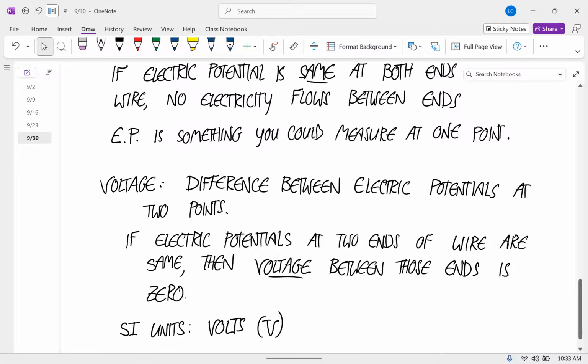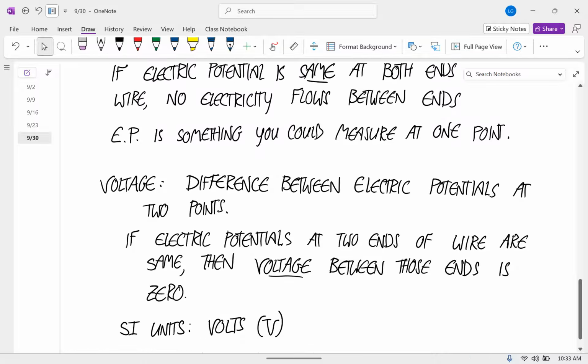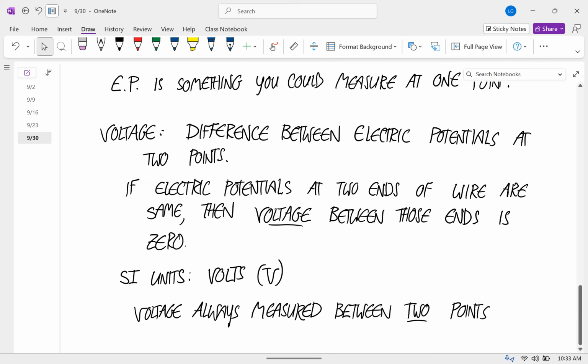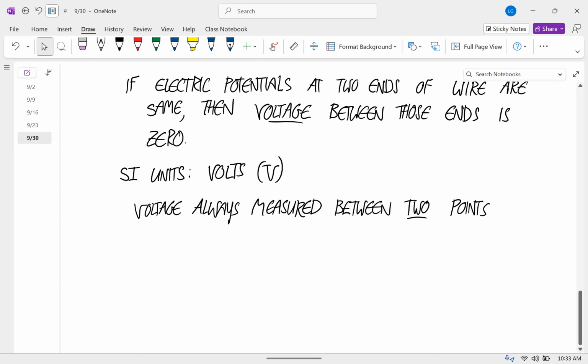Okay, so electric potential and voltage are the things that sort of force electricity to happen. The electricity, though, the thing that powers devices, is the current. So that's the next thing I'm going to talk about.